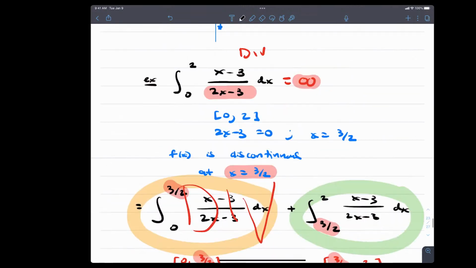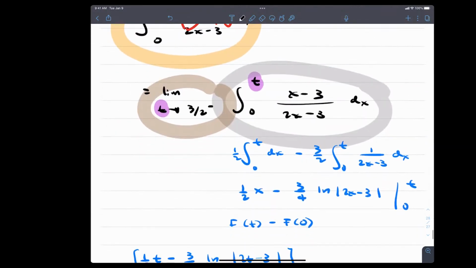Let's look at something like this one: the integral to infinity of dx over x squared plus 2x minus 3. And I'll put 1 over dx.